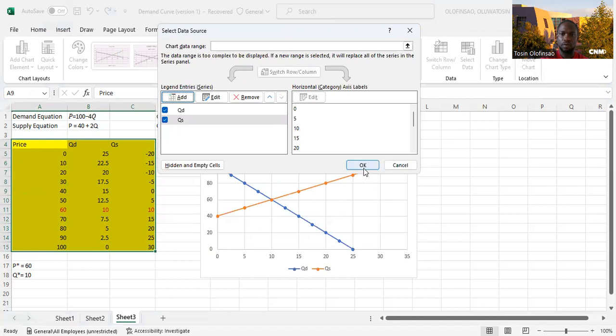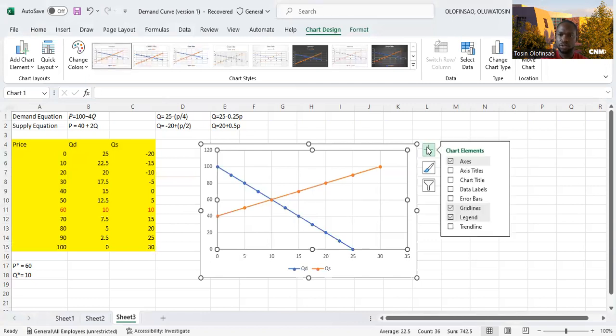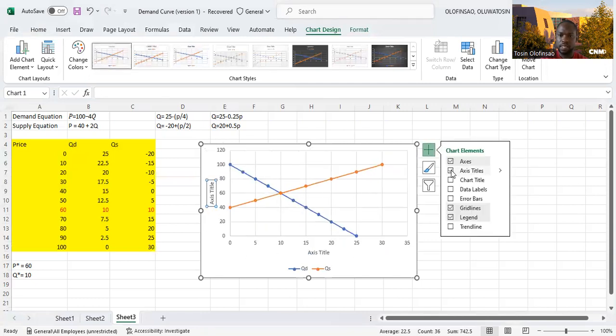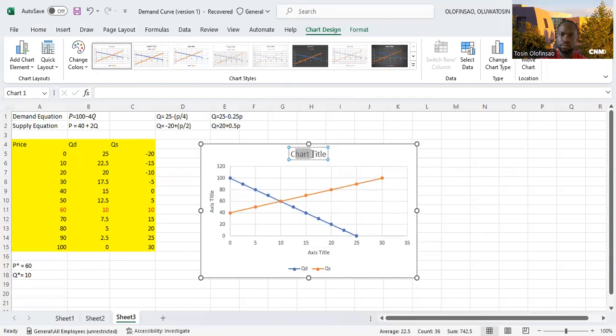As you can see now, we have a good looking demand and supply curve. You can definitely add the axis and the chart title. You can put there market equilibrium. And right here, you have the price, which is the P, right? You just have the price right there.